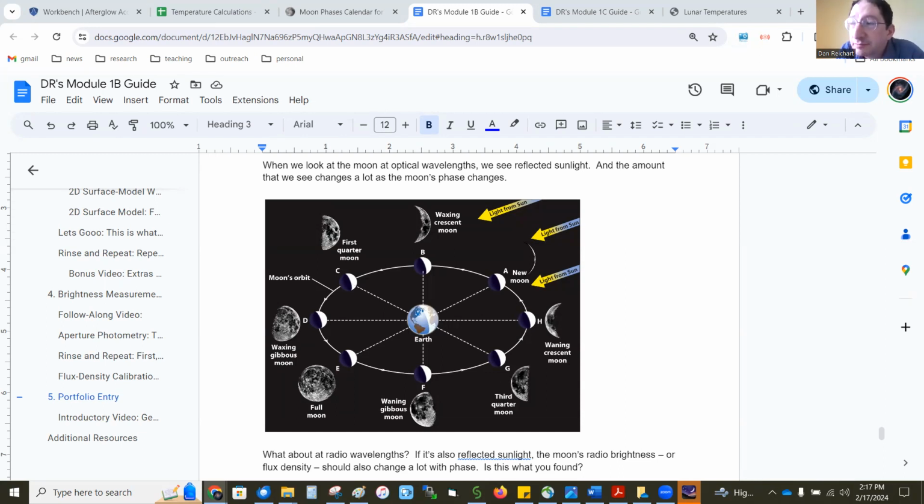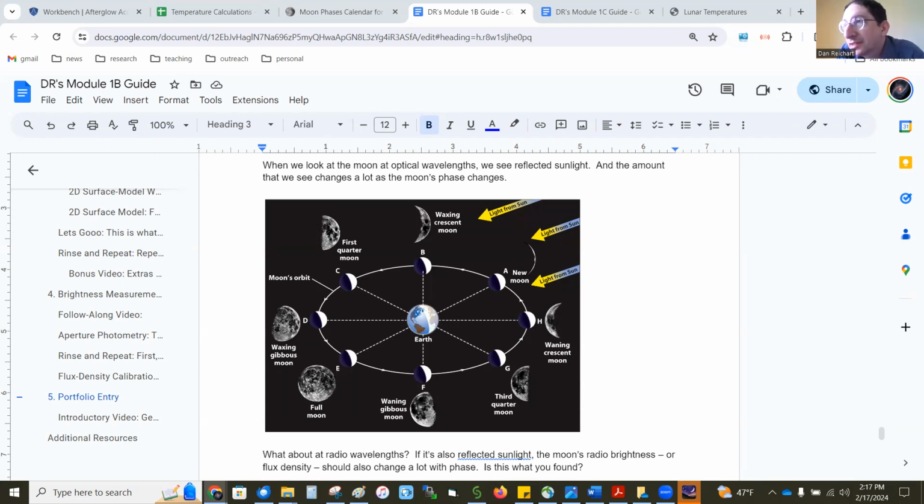If it did, you're probably looking at reflected sunlight, reflected radio waves. If it didn't, what you're detecting is something different. In that case, you're not detecting reflected radio waves from the sun, but radio waves emitted from the moon itself.